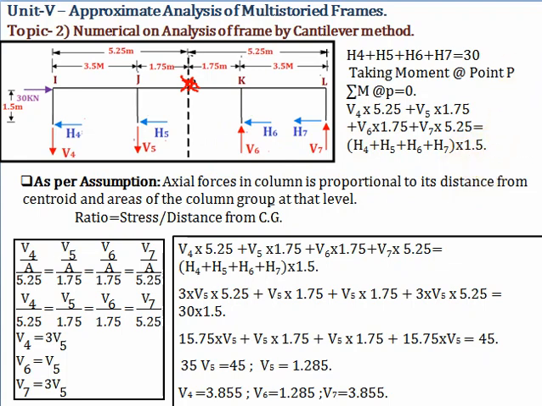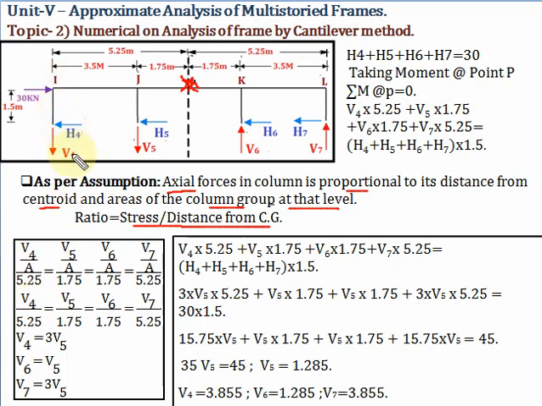Now we will apply the second assumption. In the cantilever method, the axial force in the column is proportional to its distance from the centroid of the column group at that level. That is, the ratio of stress upon distance from the CG. Stress is nothing but force upon area.